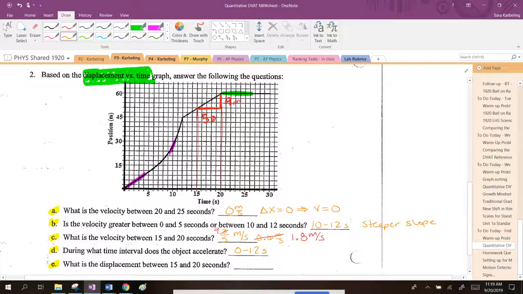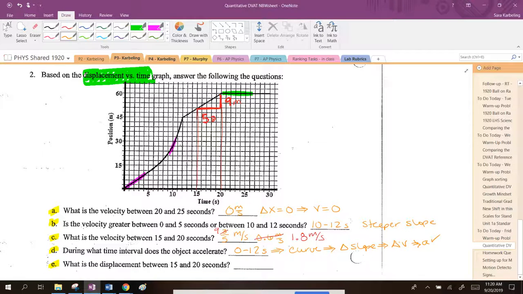Because this change is like getting faster. Yeah, so there's a change in slope, right? It's a curve. It means a change in slope, which means a change in velocity, which means that there's some acceleration. Yeah, it's curved. Absolutely.